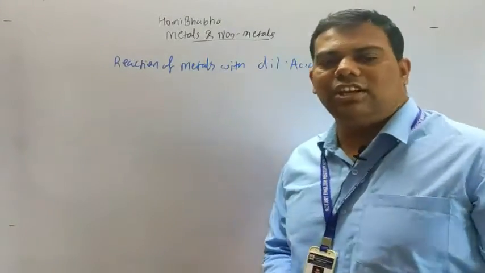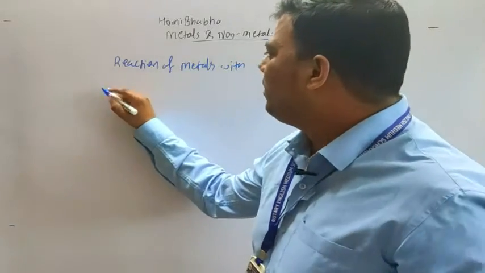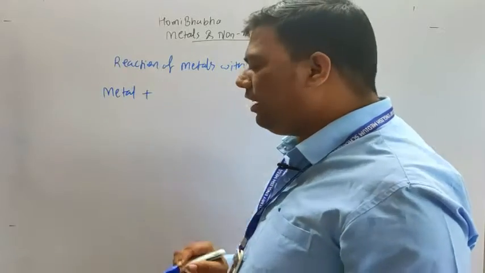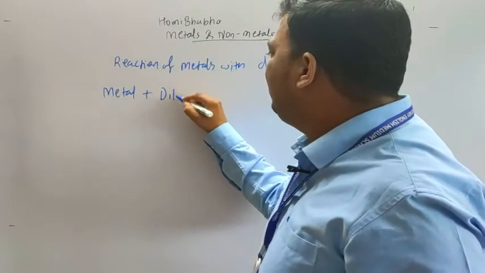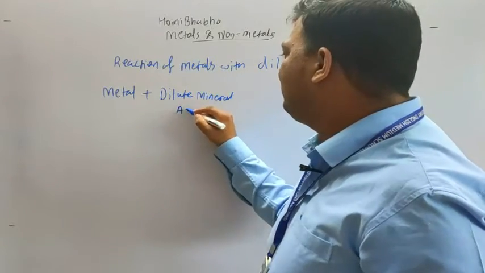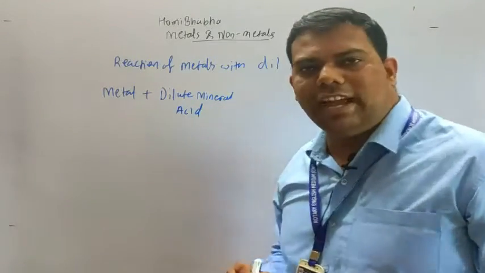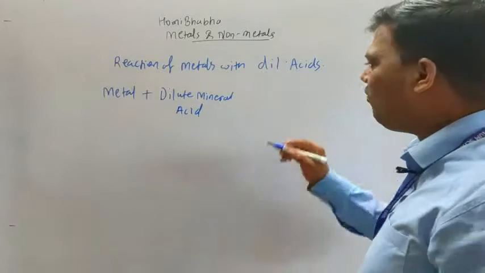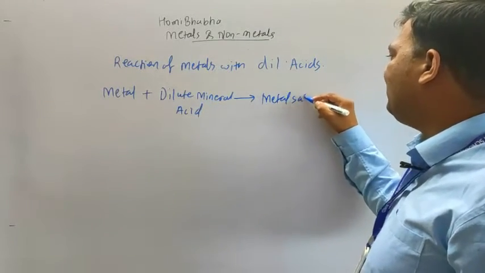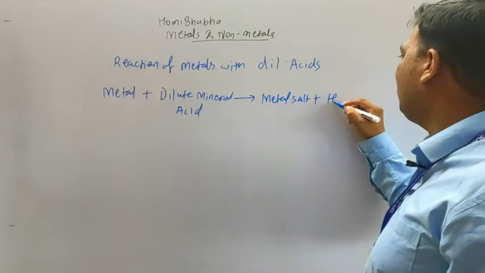In that, generally what will happen? Metal plus dilute mineral acid. So what are they giving us? They are giving us metal salt plus what?